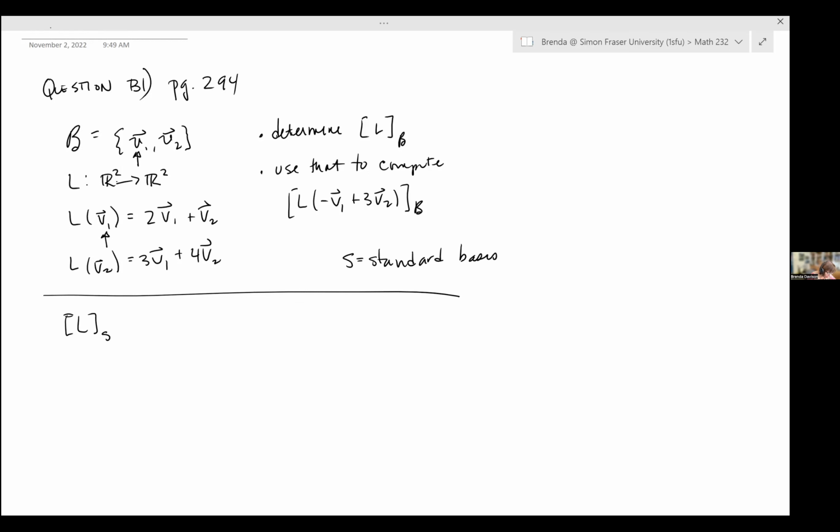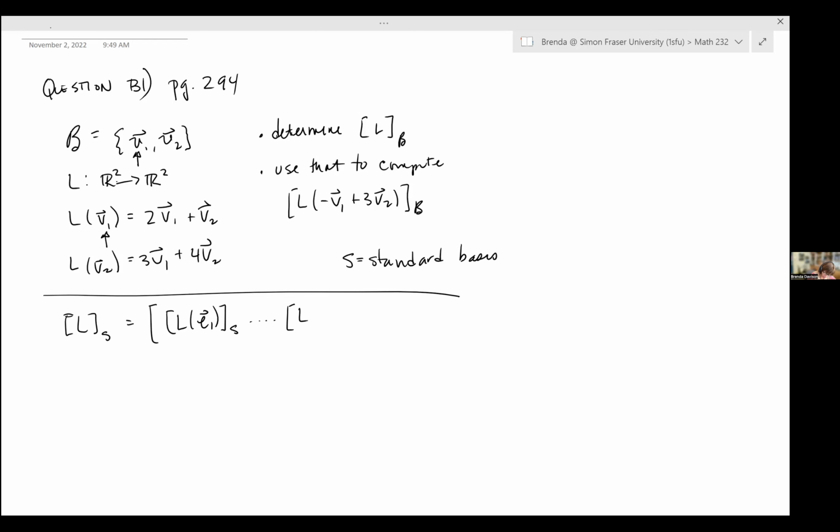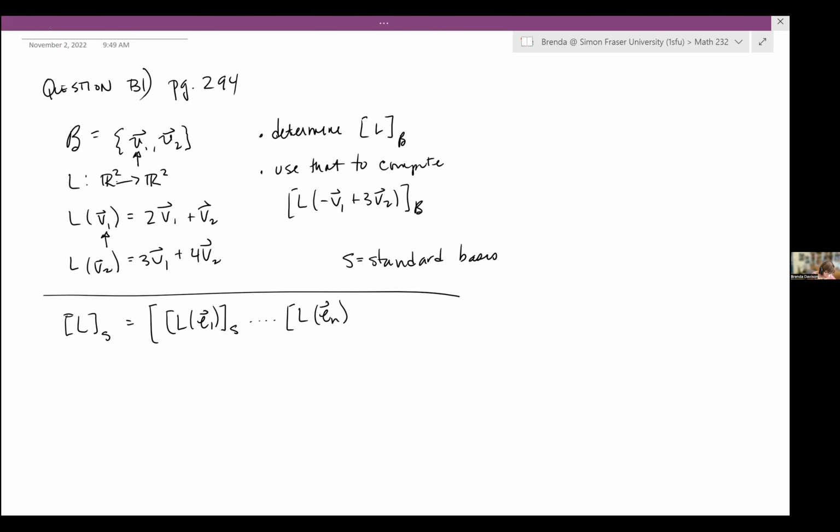This is what we've been doing: the matrix representing the linear transformation in the standard basis is formed as the matrix whose columns are the linear transformation of each basis vector, relative to the standard basis. These E1 to En are the standard basis vectors.